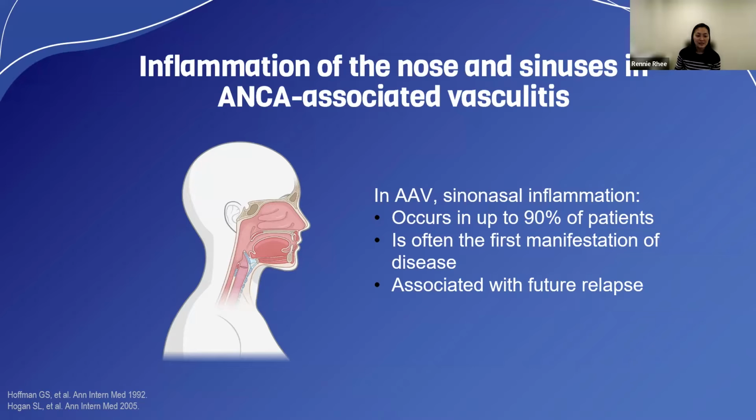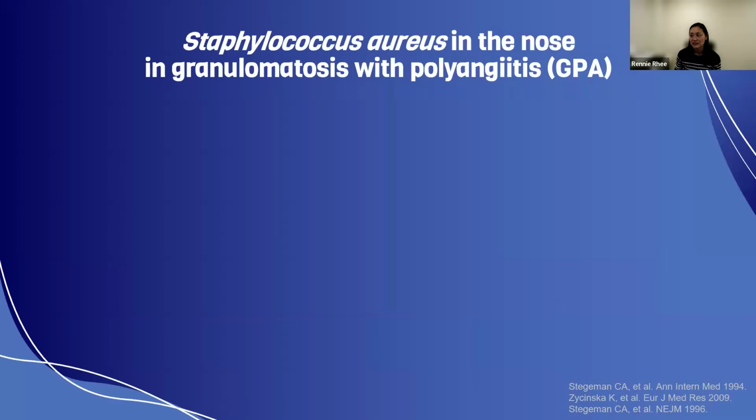And among the three types of ANCA-associated vasculitis, one of them, granulomatosis with polyangiitis, or GPA, is the one that is particularly associated with very severe and destructive sinus and nasal disease. And so a lot of the early studies were really focused on that population of patients with GPA.